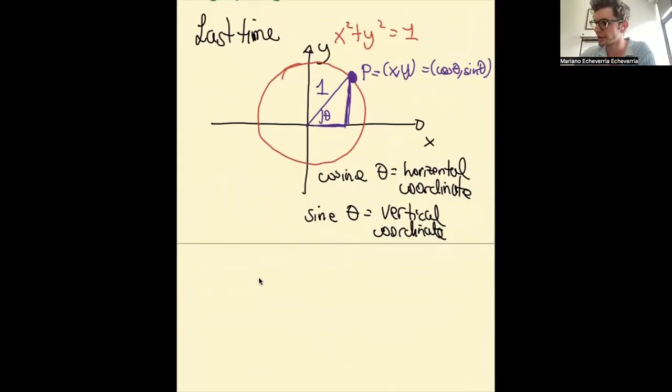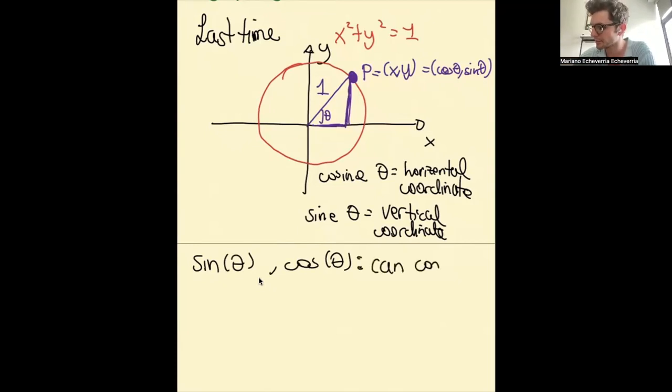If you write something like sine of theta and cosine of theta, you can think of these as depending on theta, so you can consider these as functions of theta.